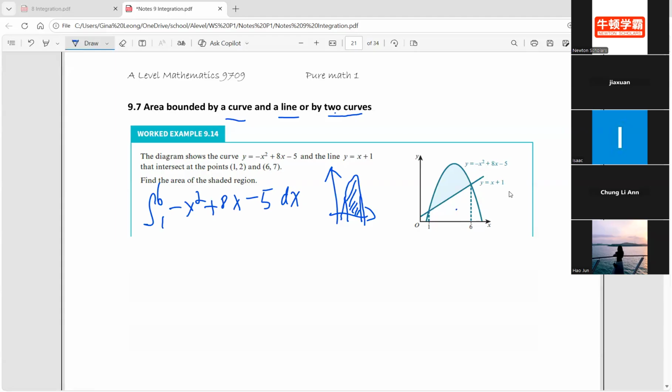This one is very troublesome. What we have to do is always remember: the above line minus the below line. So he gives you the integration points. The integration points are 1, 2 here.